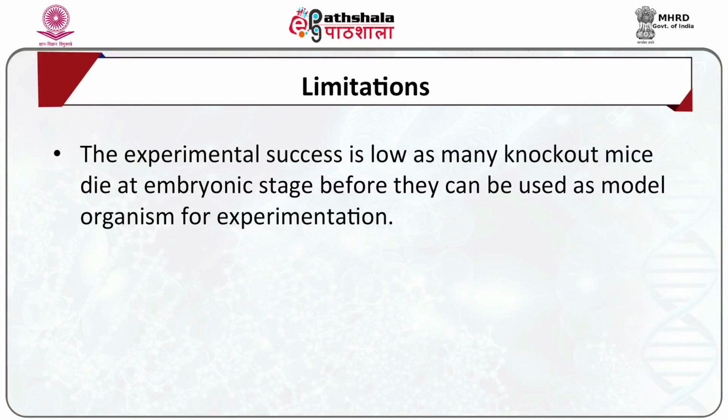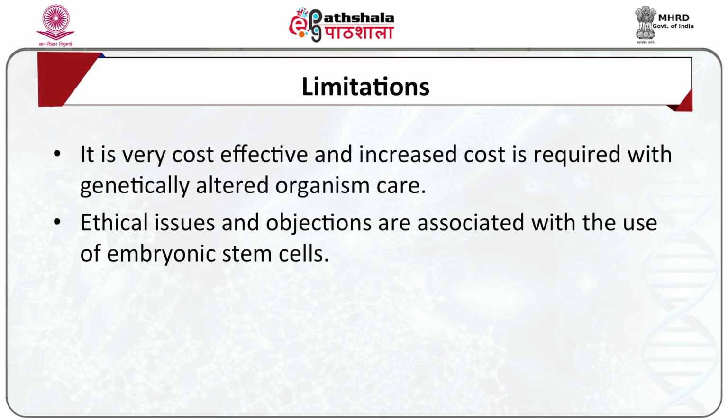There are certain limitations of the knockout or knockdown methodology. The experimental success is low, as many knockout mice die at the embryonic stage before they can be used as model organisms for experimentation. It is very costly, and increased cost is required for the care of genetically altered organisms.